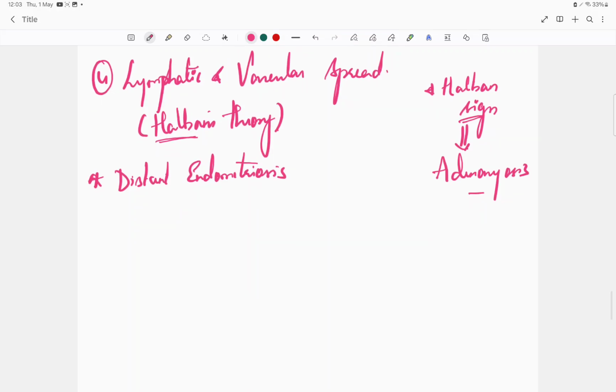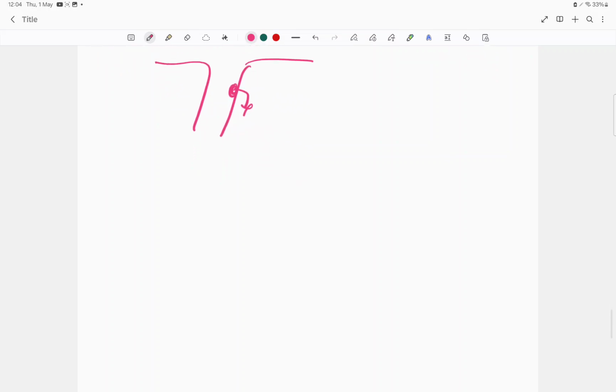The endometrial tissue will get detached. So this is the uterus. This endometrial tissue gets detached into the blood vessels as well as the lymphatics, and it will displace and get lodged in other tissues like the pleura, pericardium, all this, and that will be functional. So that is about the lymphatic and vascular spread. And the next one is the immunological theory.